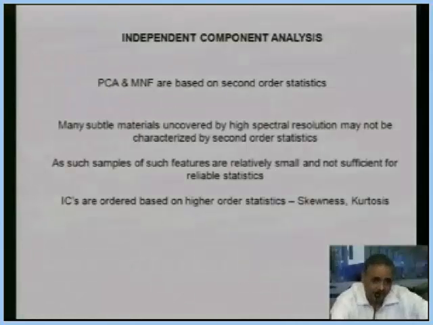In that case, ICA, independent component analysis, can be used, wherein higher order statistics like skewness and kurtosis are used. I am not going into any details of independent component analysis. I am just mentioning that there is one more method which is available.